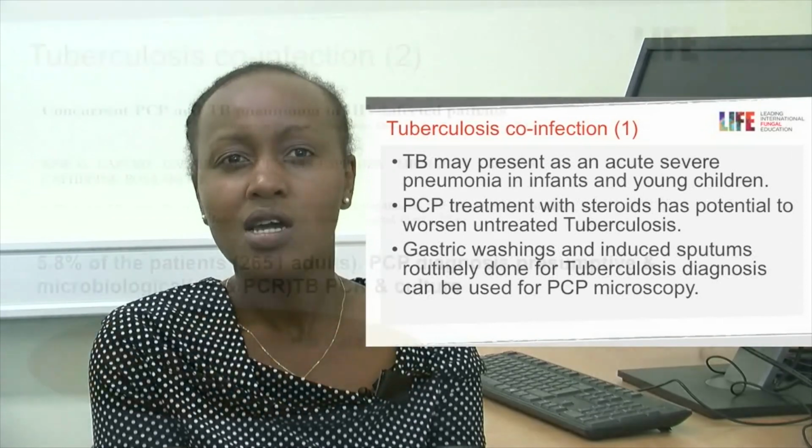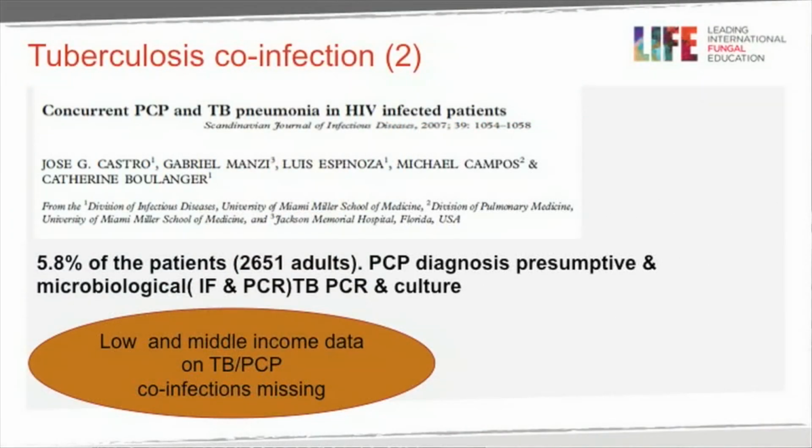Now, when you look at the literature to find out how many TB patients have actually been found to have PCP, in this study of 2,600 patients, we found only about 5% of the patients who had TB had PCP as well, and the PCP diagnosis in this study was made based on microbiology and also presumptive.